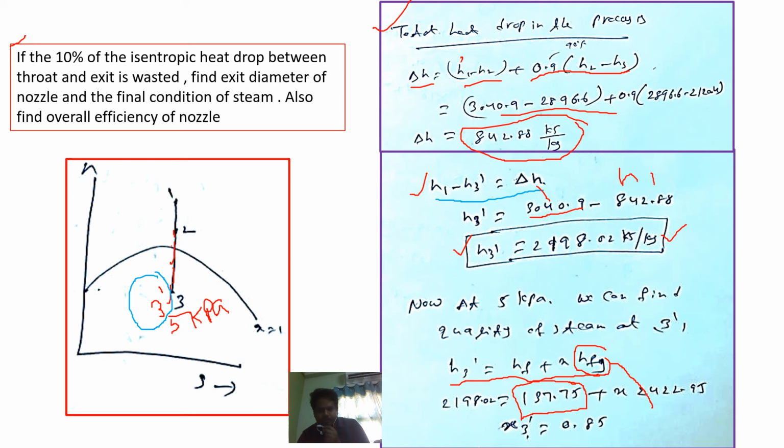H3 dash we already calculated. So we can find the dryness fraction at point 3 dash, that is 0.835. Here we have calculated the final condition of the steam, the dryness fraction, and the enthalpy at 3 dash. The remaining are the exit diameter at point 3 dash and the overall efficiency, that we will see in the next slide.